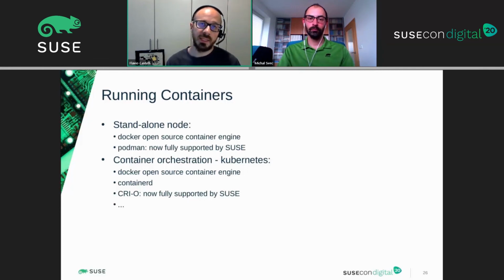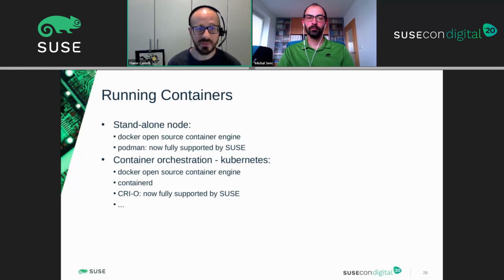Before doing that, there was also a big change when it comes to container orchestration. Kubernetes, as you all know, is also the choice of SUSE when it comes to managing a fleet of containers across different hosts. There are, however, different ways for Kubernetes to run these containers.